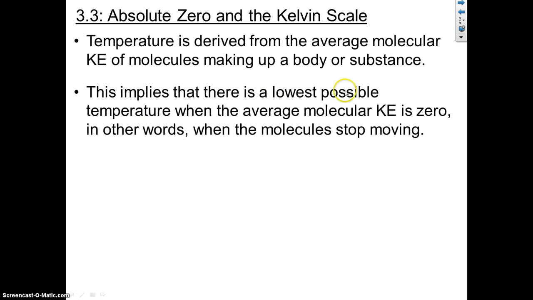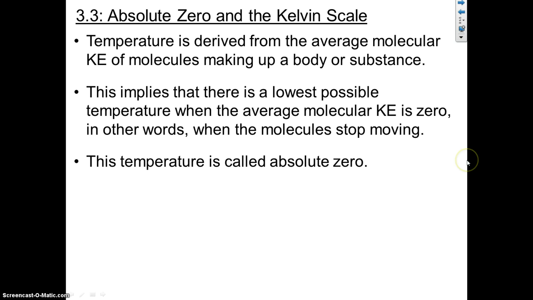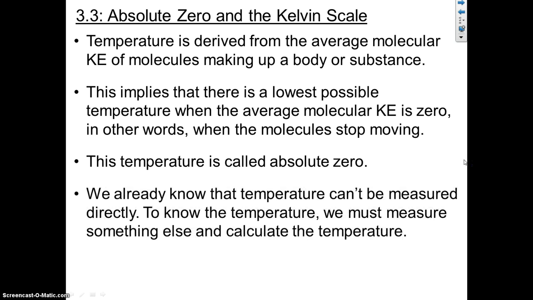Specifically, there must be some lowest possible temperature when the average molecular KE is at its lowest, which is 0. And that would occur when the molecules have stopped moving. This temperature has a special name called absolute zero. And we've already seen that temperature is not something we can measure directly. Instead, it's something we must calculate from some other quantity.